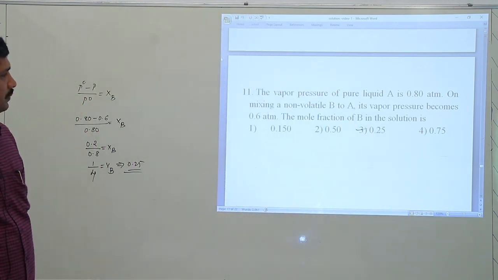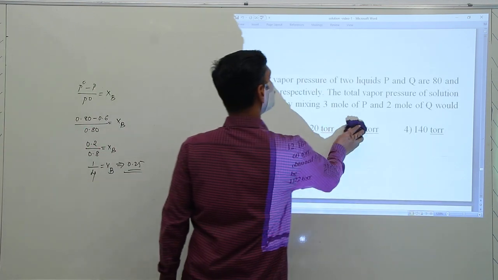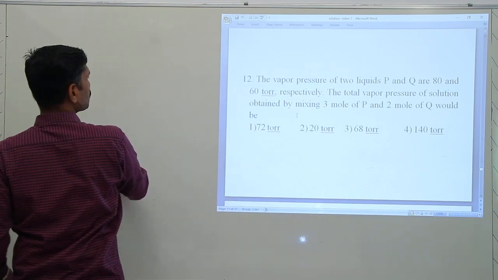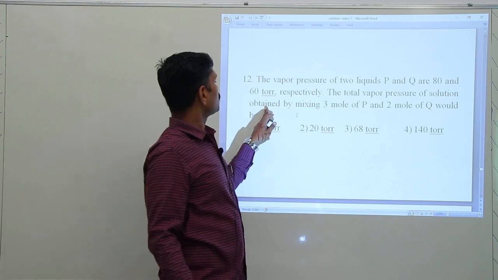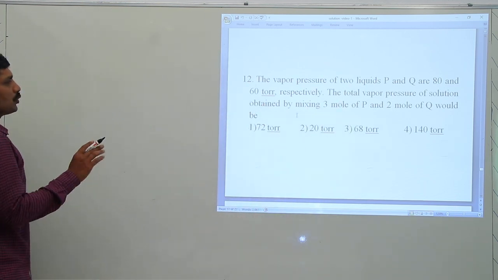So next question. The vapor pressures of the two liquids P and Q are 80 and 60 respectively. The total vapor pressure of the solution obtained by mixing 3 moles of P and 2 moles of Q would be? The vapor pressures of the two liquids are given.